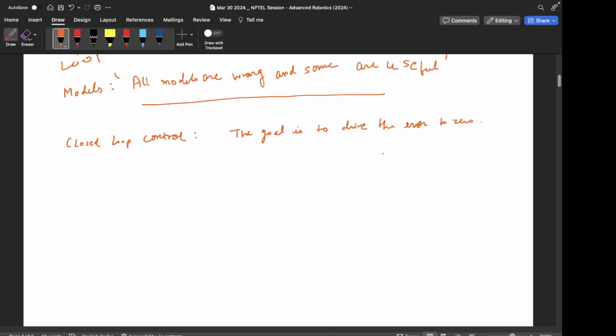I have mentioned this before also, but let me put this here again. Let me define error as the difference between the desired and the actual value. So this is for the state. Similarly, you can define it for the derivative of the state.